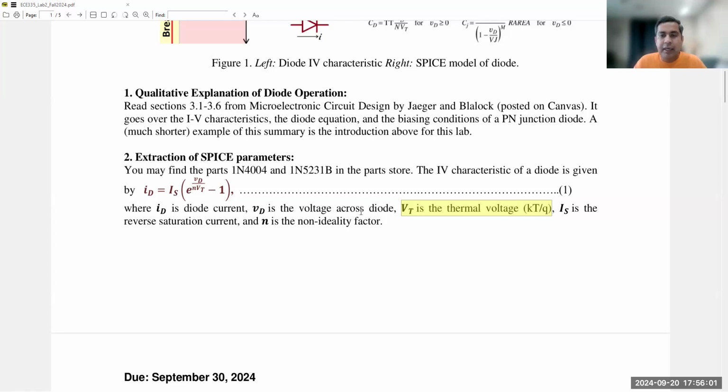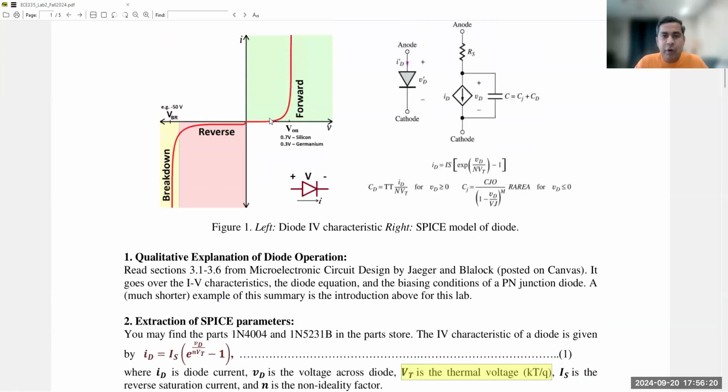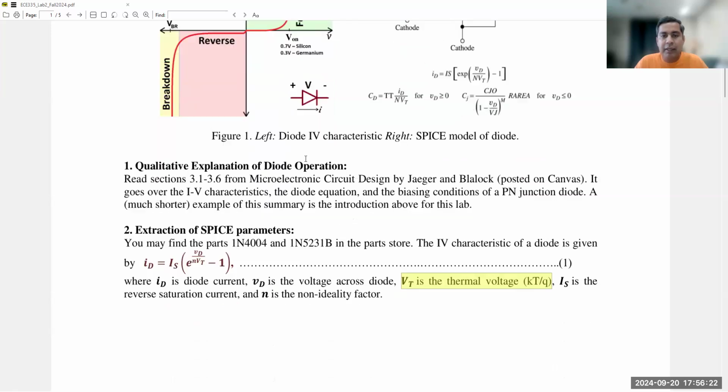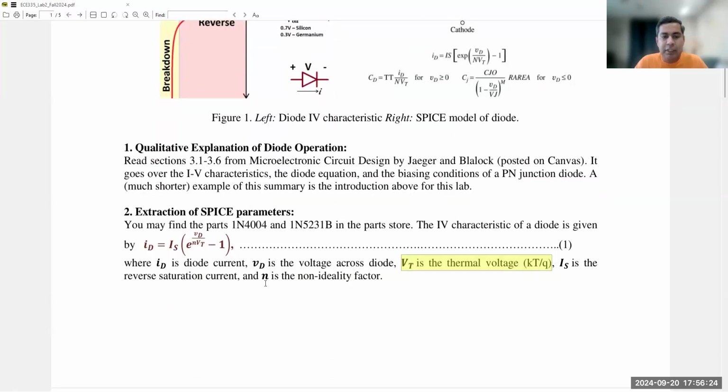So our job here is to find out all these diode characteristic constants, the values of IS and N, with respect to this plot. If I plot the ID versus VD plot here in figure 1, then from that plot we can derive these constants for that diode.